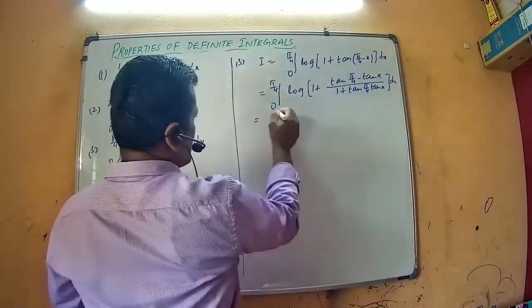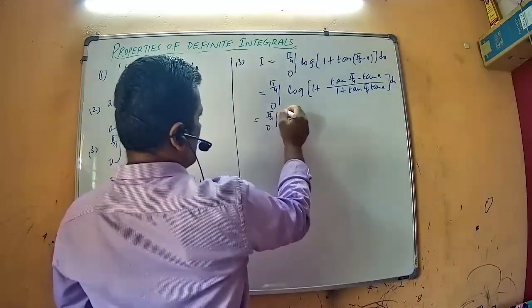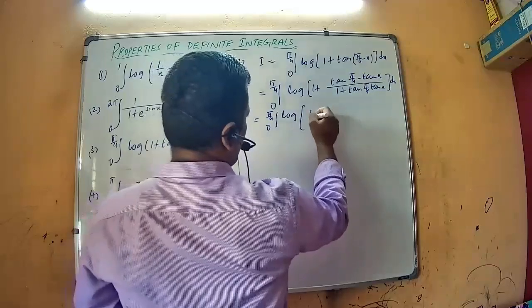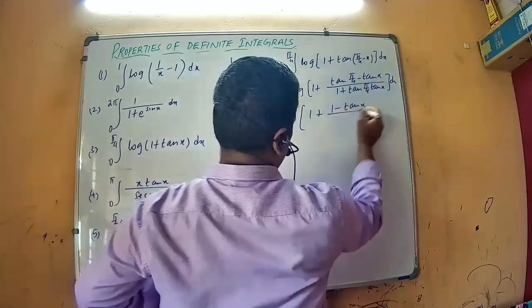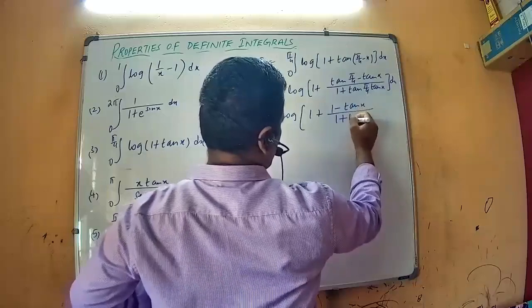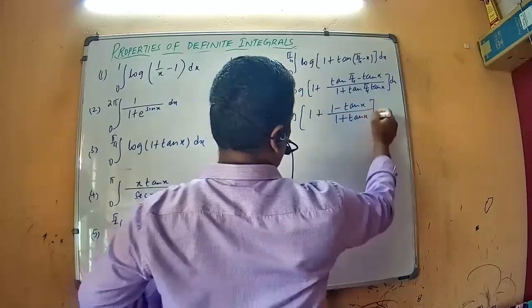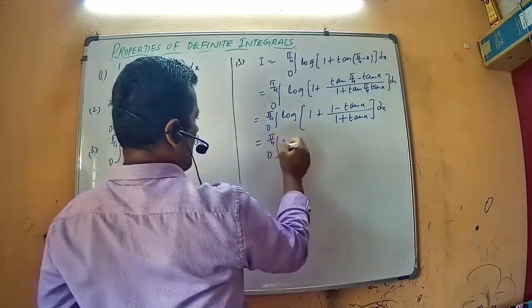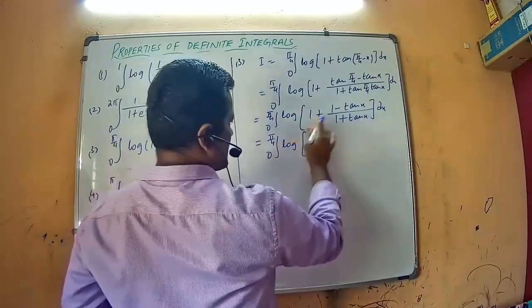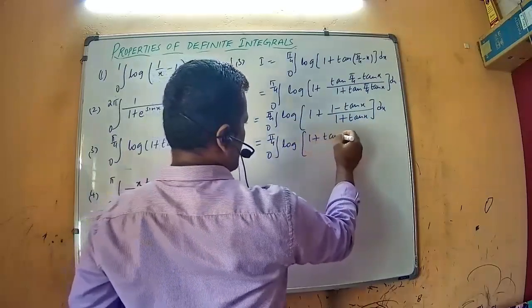Now this is the integral from 0 to pi by 4 of log of (1 plus (1 minus tan x) by (1 plus tan x)), since tan pi by 4 is 1 in both the numerator and the denominator. Now, obviously the next step is the LCM, taking the LCM here.